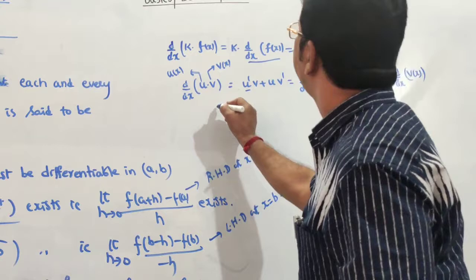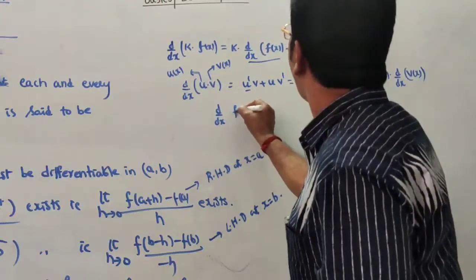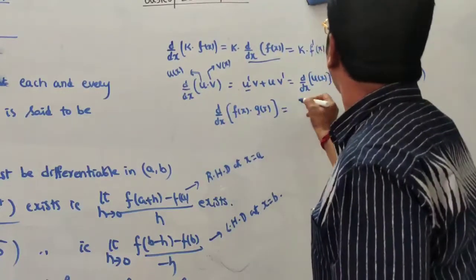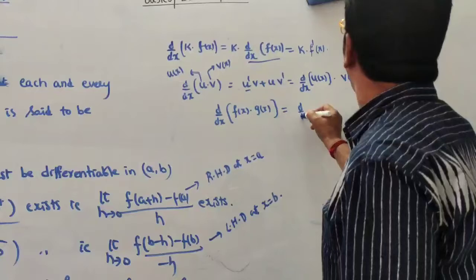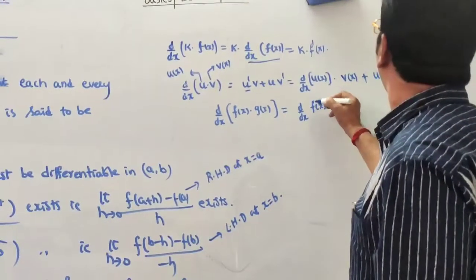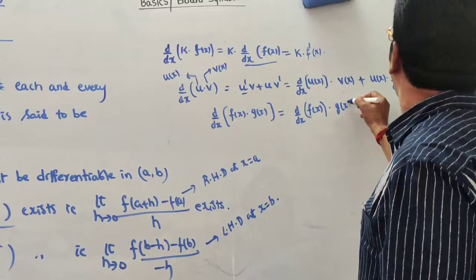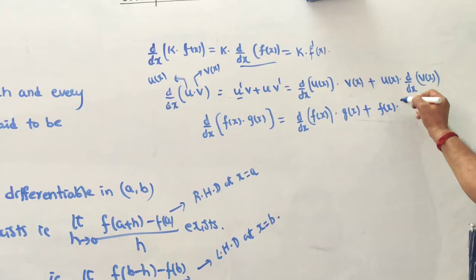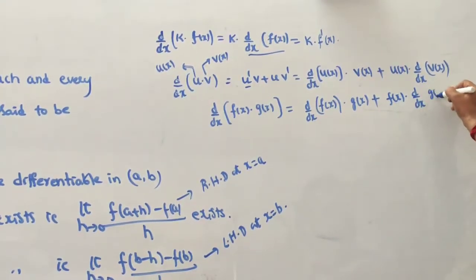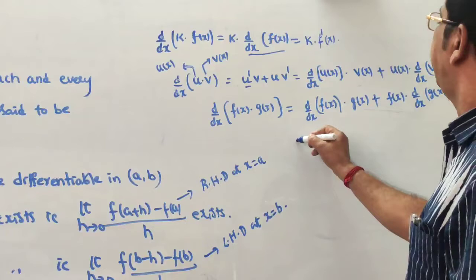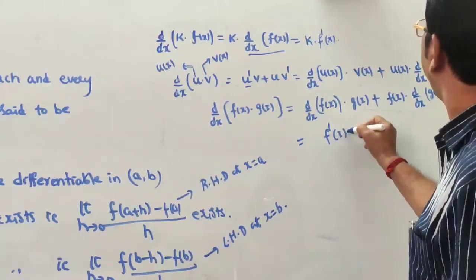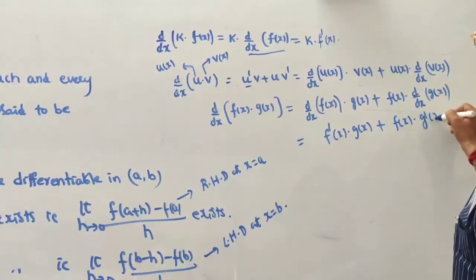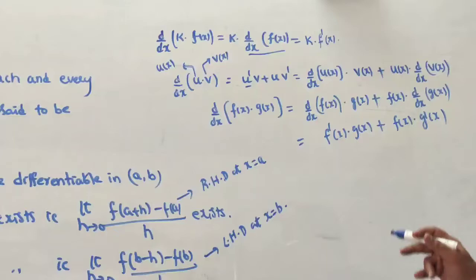Or in other words, d by dx of f of x into g of x is equal to d by dx of f of x into g of x plus f of x into d by dx of g of x, or else simply f dash of x into g of x plus f of x into g dash of x. Dash means d by dx derivative.